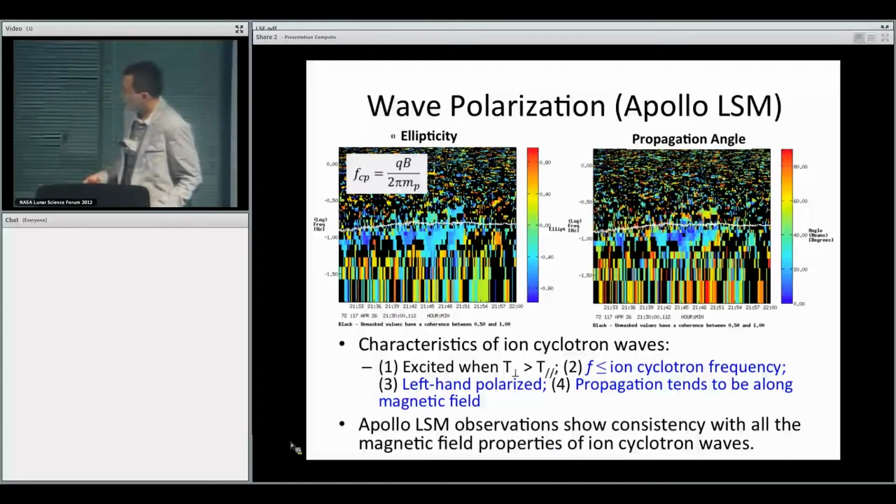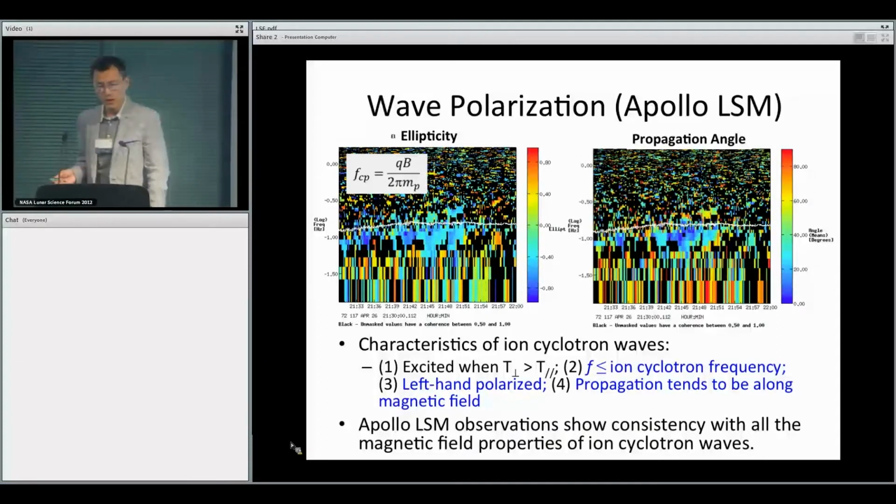I'm showing the 4 well-known properties here, and 3 of them can be identified using magnetic field data alone: the frequency, the polarization, and the propagation angle. We find that the observations of Apollo LSM are consistent with all these properties, so we think they are ion cyclotron waves.